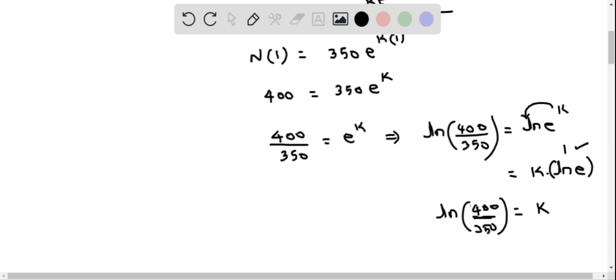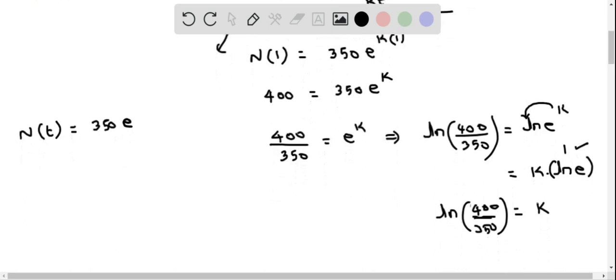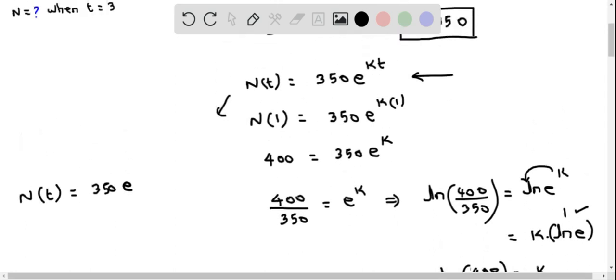So now let's put this into this equation so that we can rewrite n of t by replacing the value of k. So I write n of t, and this equals 350 e raised to the power of k. Replace k by natural logarithm of 400 by 350. So we write this as natural logarithm of 400 divided by 350, and this multiplied with t.